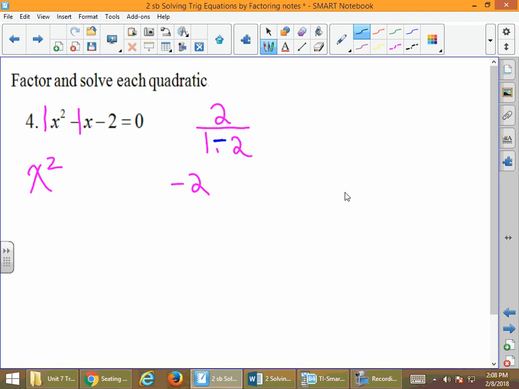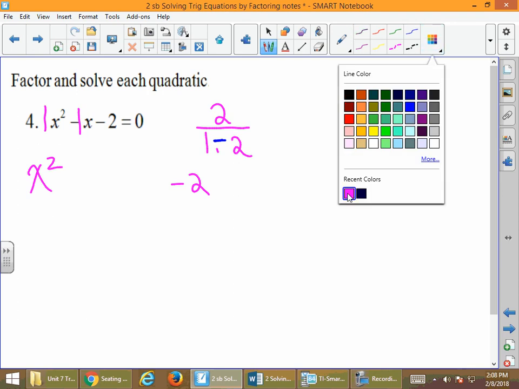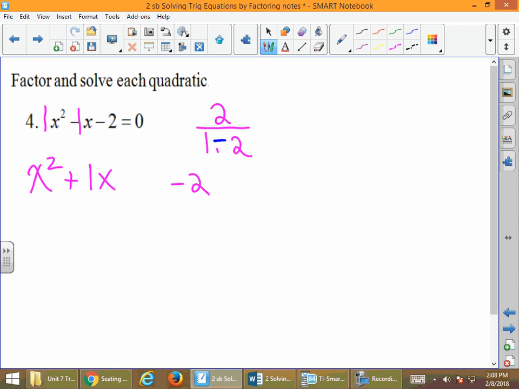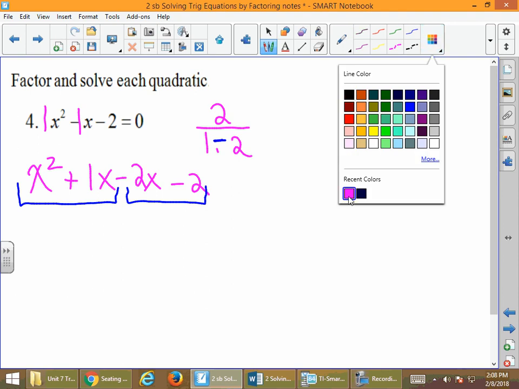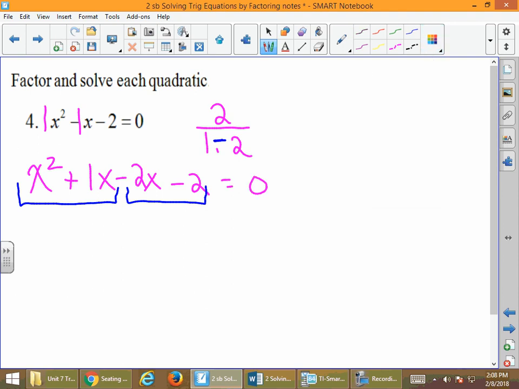And it doesn't matter which order you write these down, but I wrote down plus 1x minus 2x because we split that middle term. And now we can factor by grouping, and eventually we're going to be solving these problems. But we need to focus in on the factoring before we can solve.